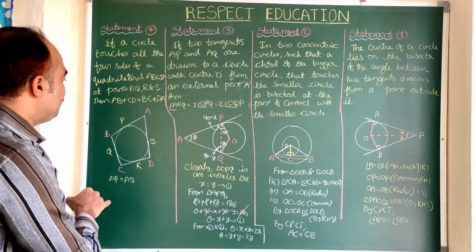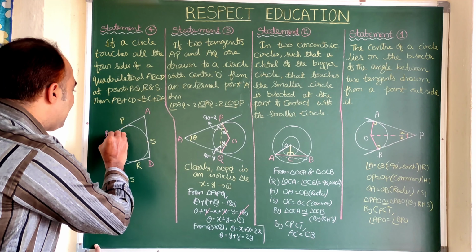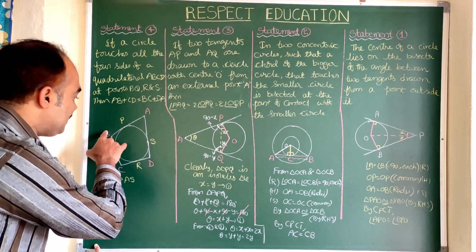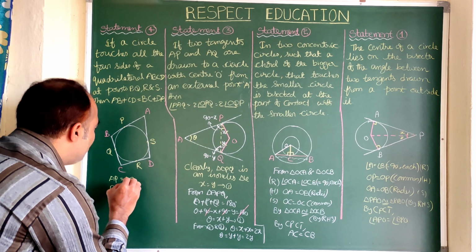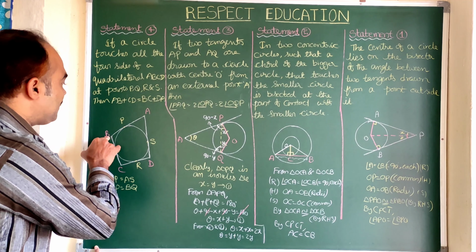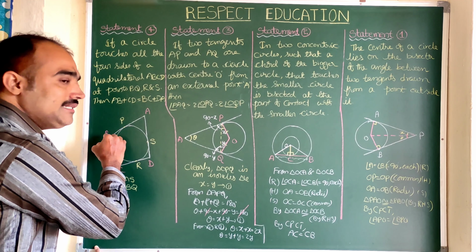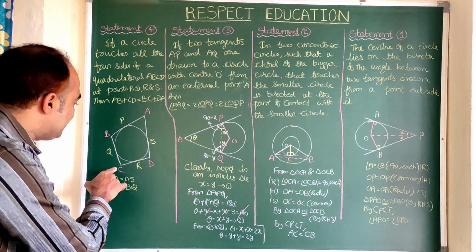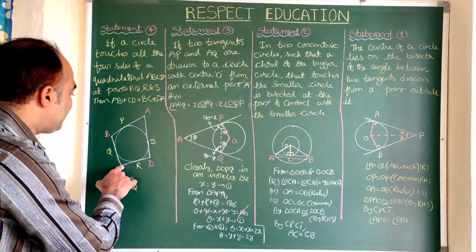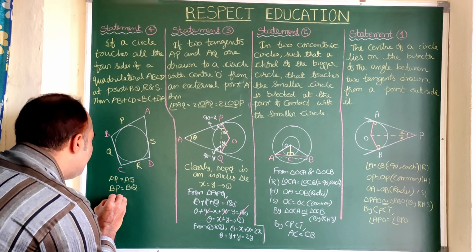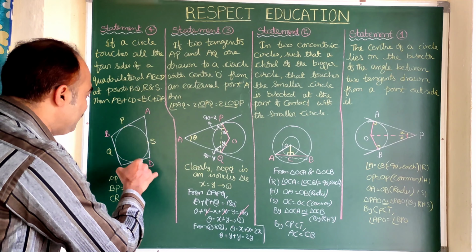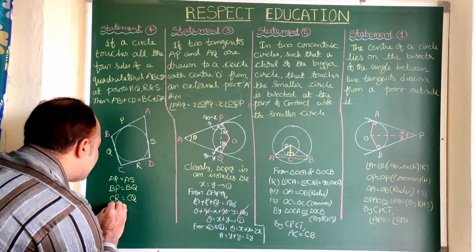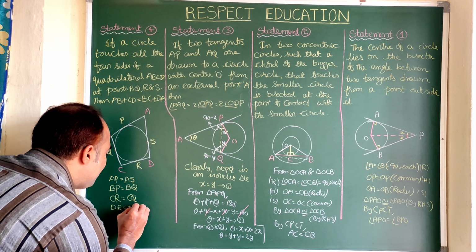Similarly, from B, we can write BP is equal to BQ, because BP and BQ are the tangents drawn from external point B. Same way with C, we can write CR is equal to CQ. And finally with D, DR is equal to DS.